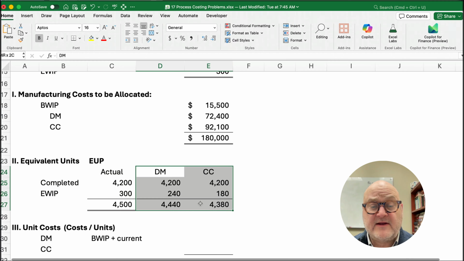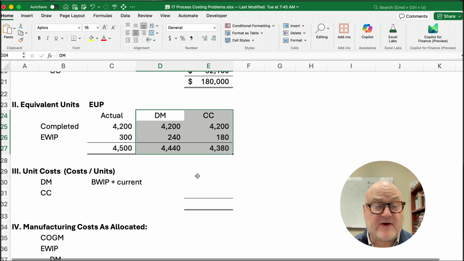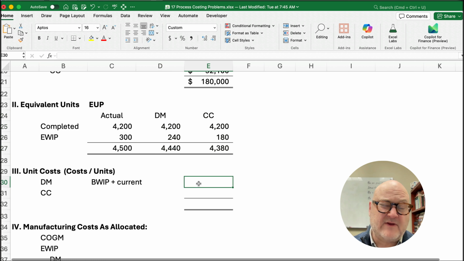Make sure you know how to get the equivalent units, because everything's dependent upon that. We're going to take our cost divided by the equivalent units to get our unit cost and then multiply back up. It's very important that you can get these two with equivalent units. Sometimes they're called equivalent units of production, or EUPs. So if you hear somebody call that EUPs, you know that's equivalent units.